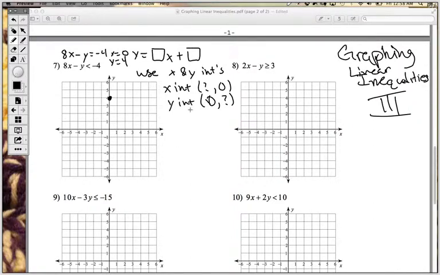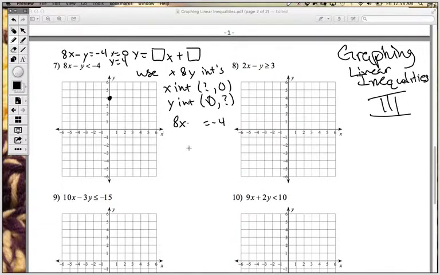Well, let's do the same thing for the other point. So if we start with 8x minus y equals negative 4, let's make the y term go to 0 to find the x-intercept. Negative 1 times 0 disappears. If that disappears, what would be left over?